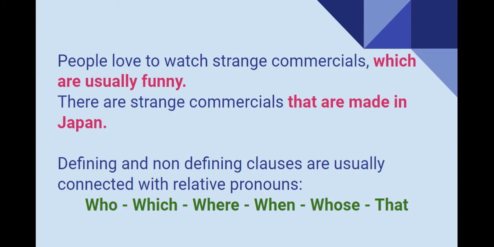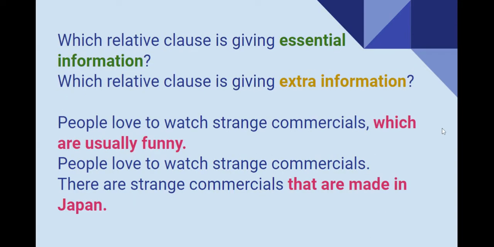Some of them can be who, which, where, whose, and that. Now let's take a look at this. Which relative clause is giving essential information? And which one is giving extra information? Pause the video while you identify. Okay, let's go ahead and check.